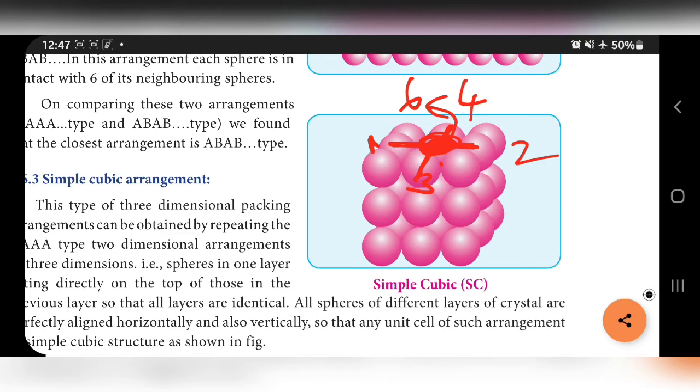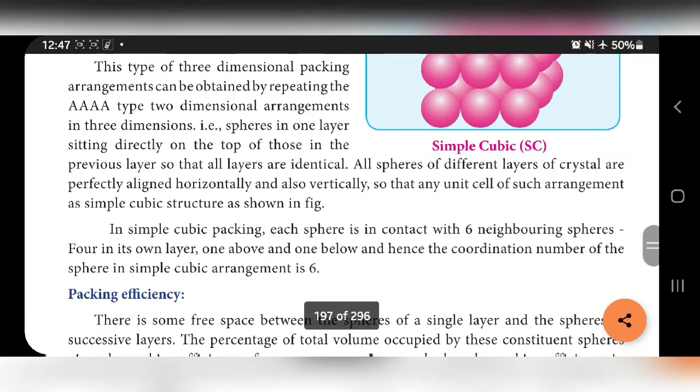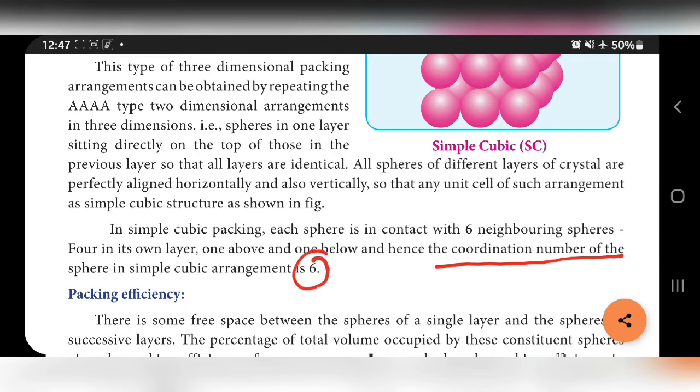Totally 6 atoms are there. The coordination number of the sphere in simple cubic arrangement is 6, because it is touched by 6 atoms, 4 in one layer, 1 above the layer and another below the layer. So that is the coordination number of the simple cubic arrangement.